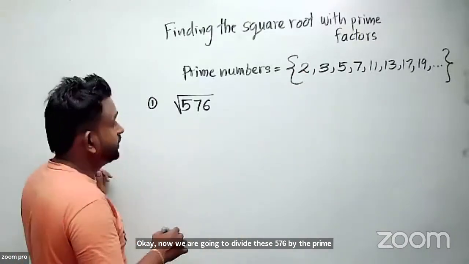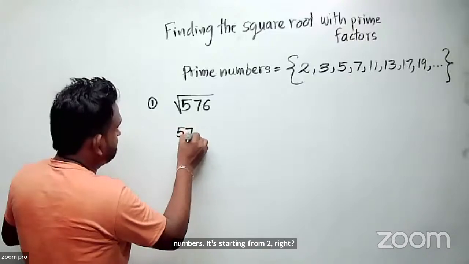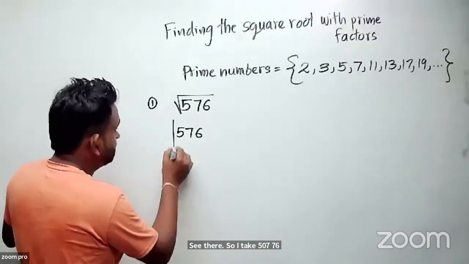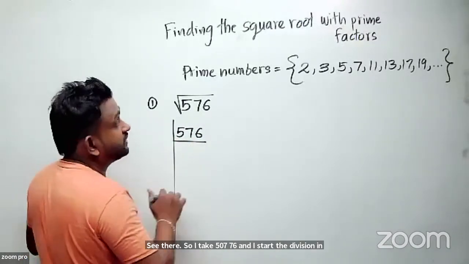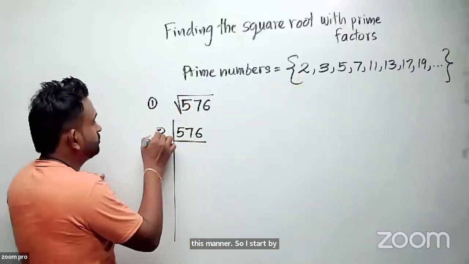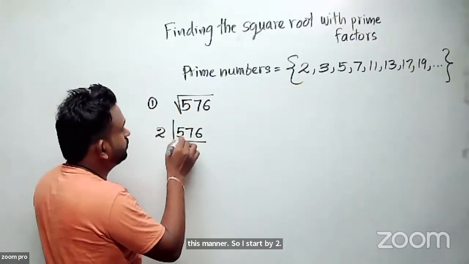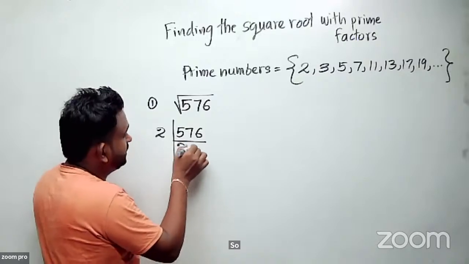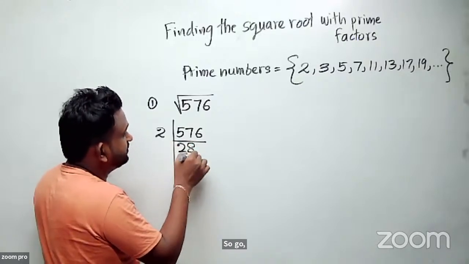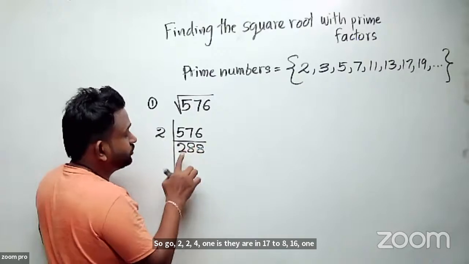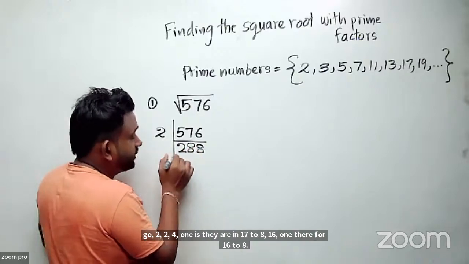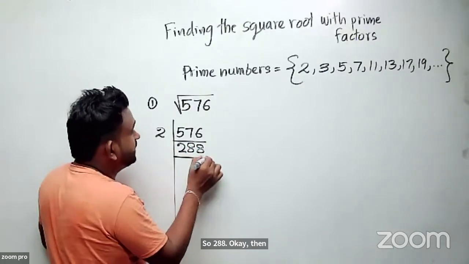I take 576 and start the division in this manner. So I start with 2. 2 into 2 is 4, 17, 2 into 8 is 16, so 288.